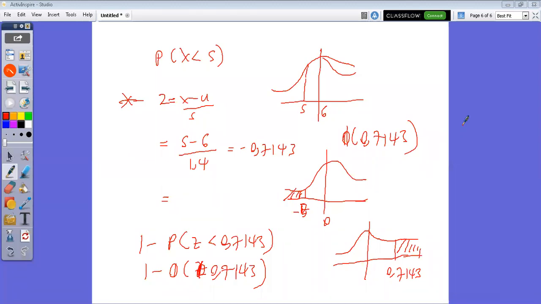I got 0.8811. 0.8811. I used incorrect tables. How come I've got 0.7625? I used incorrect tables.